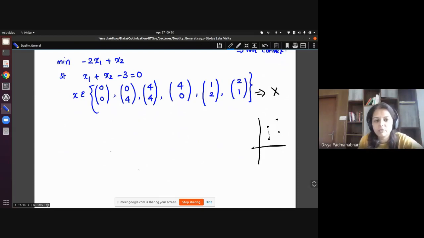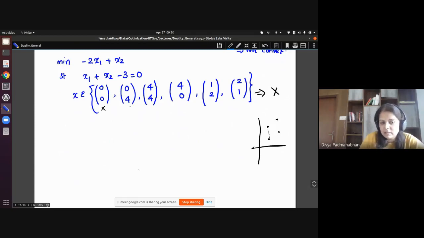Okay, so now for this problem, let's just see. It's a slightly different flavor. So let's just see what the primal optimum is. It's a smaller size problem, so we can just directly compute the optimum. So one thing is you have this constraint x1 plus x2 equal to 3. And x is one of these points. Okay, so you can see that this point 0, 0 is not going to satisfy the constraint because 0 plus 0 minus 3, that's not equal to 0.